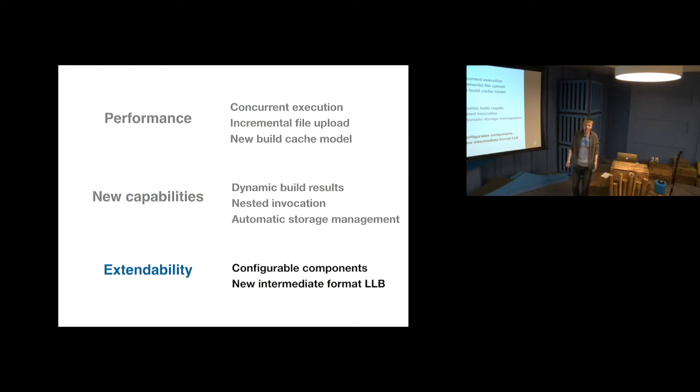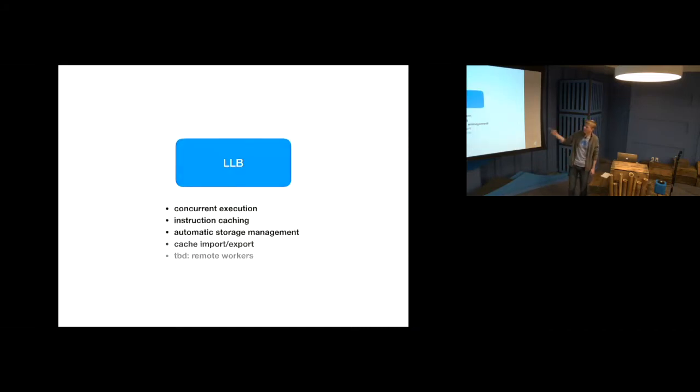It's not really something that you as a user would write. But if you run Buildkit, then everything runs on top of this intermediate format. So this is what will give you all those features. And in whatever way you end up in this intermediate format, you will automatically pick up all those new features and everything we supported previously as well, of course.